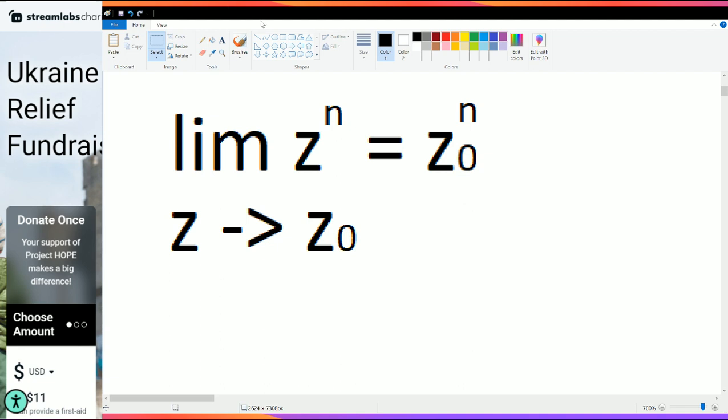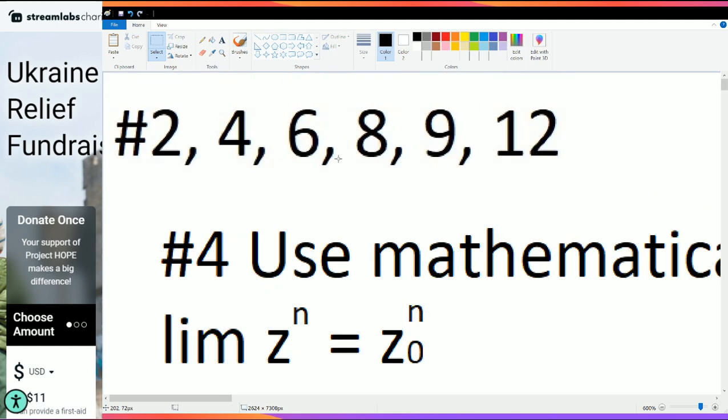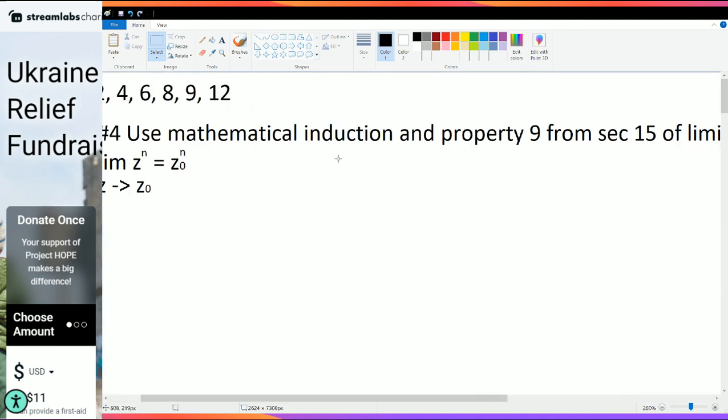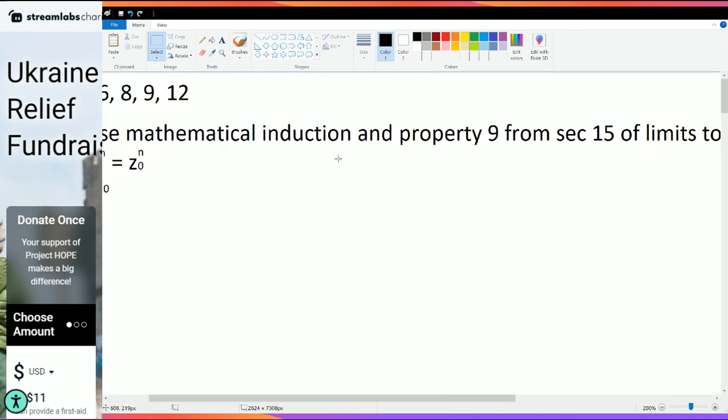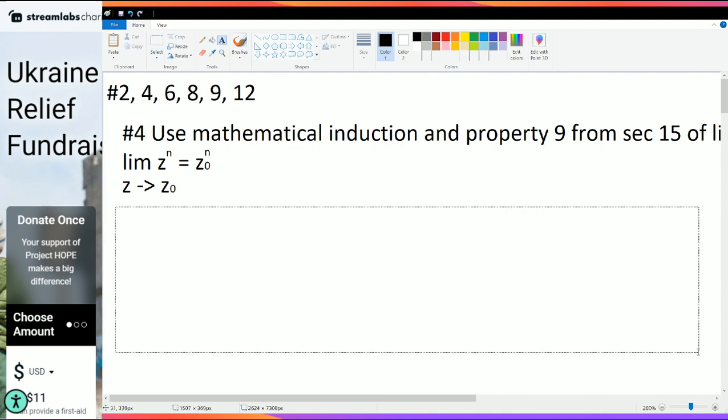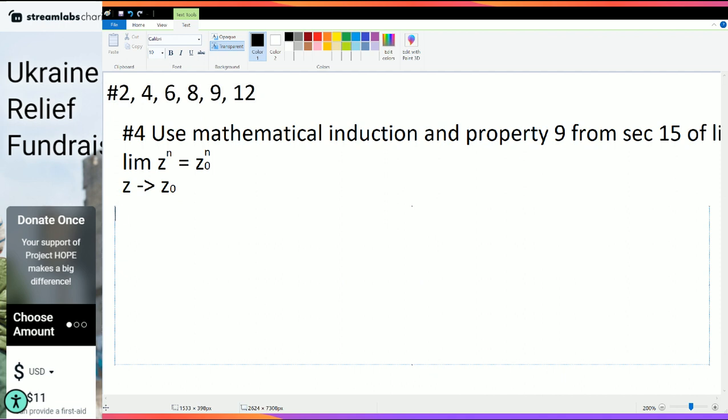I think the first step of this is to recall property 9 of section 15. So recall property 9 of section 15.